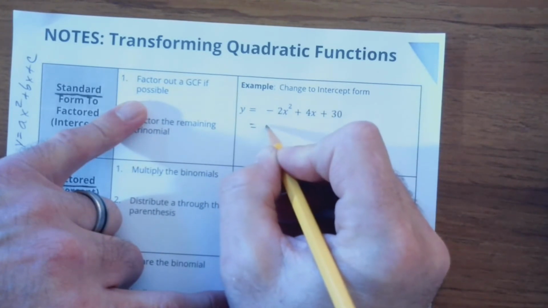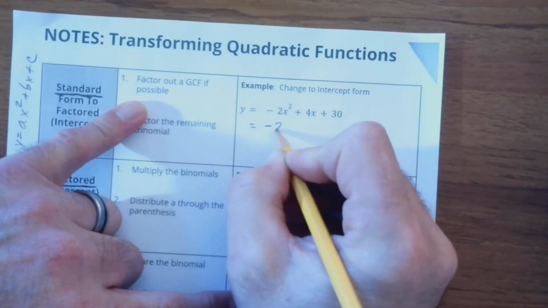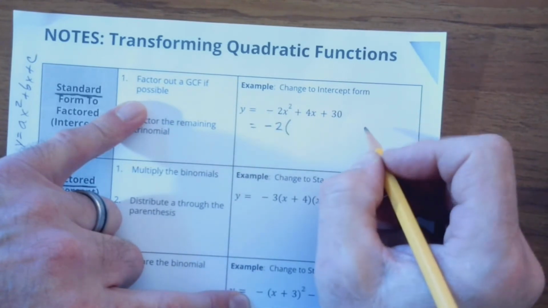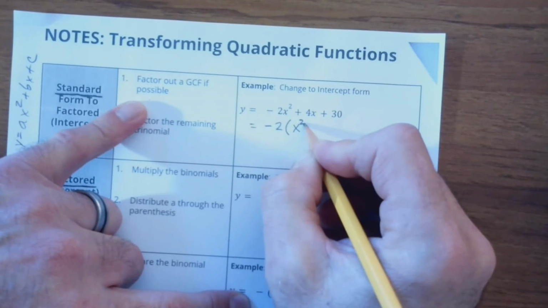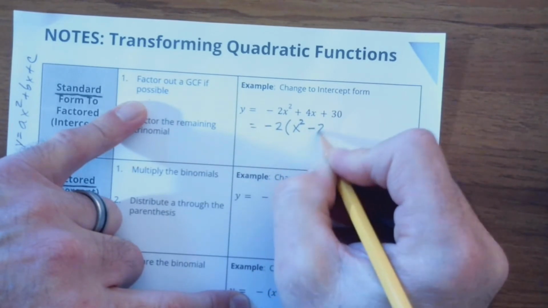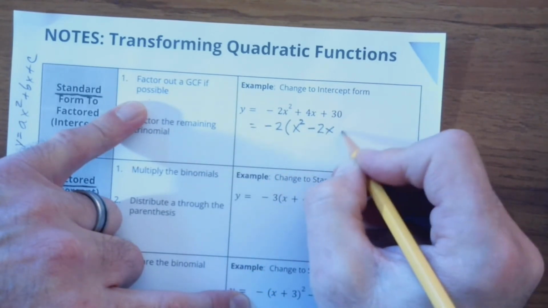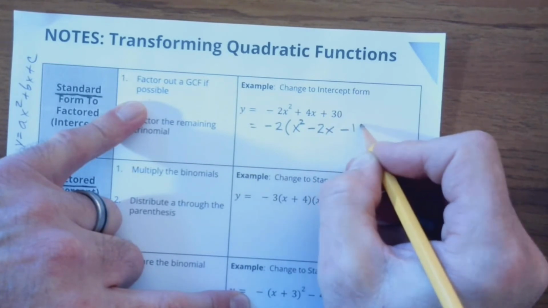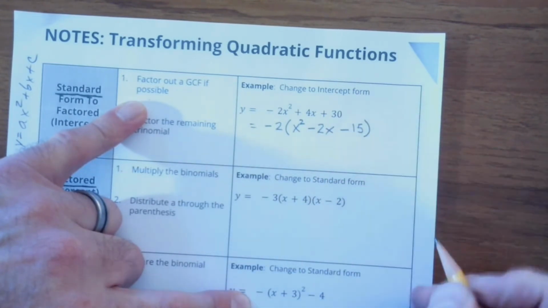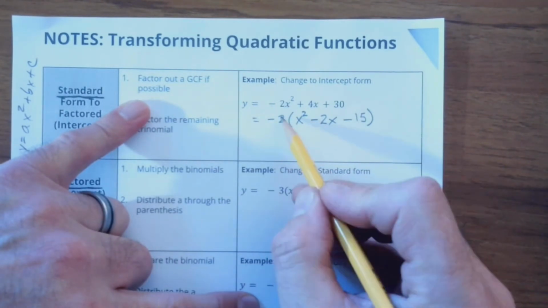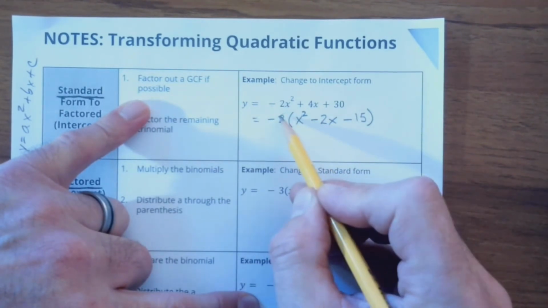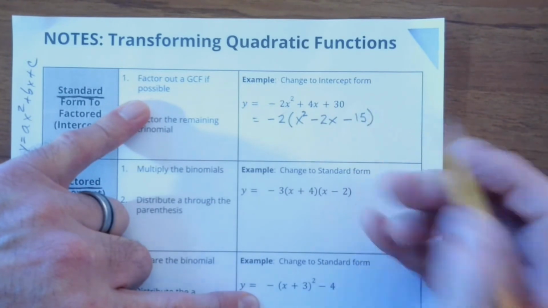So we're going to factor out a negative 2, and when we do that, we'll be left with x squared minus 2x minus 15. And we can double check that by doing distributive property. That would be minus 2x squared plus 4x plus 30, so it works.